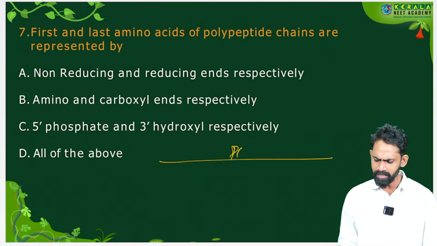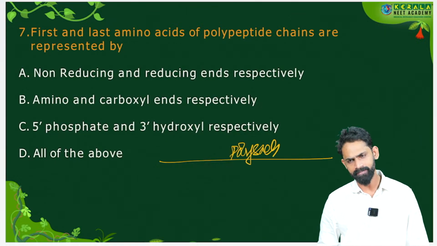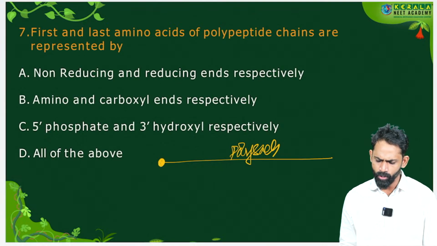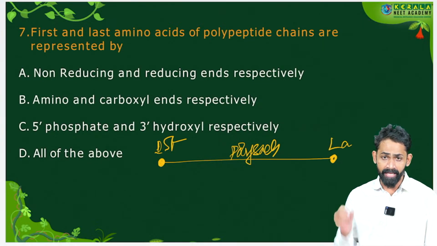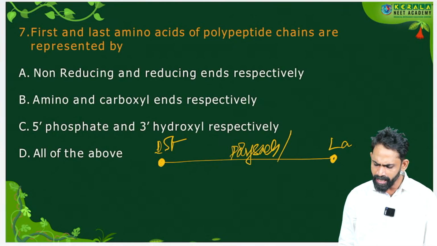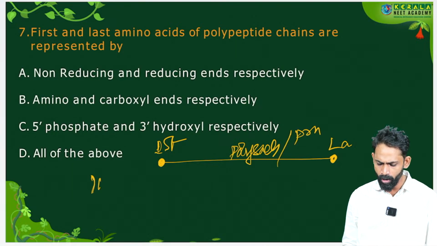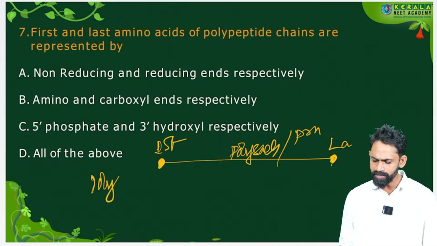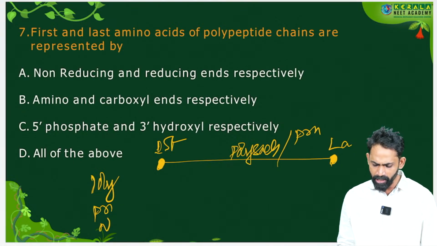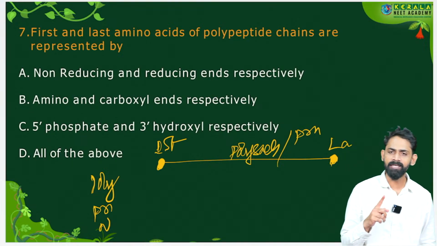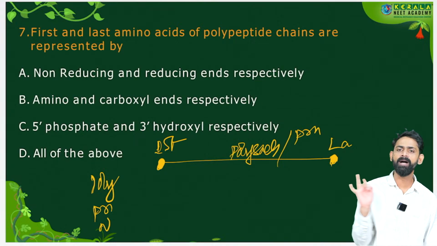If you consider this as a polysaccharide, this is the first monosaccharide, this is the last monosaccharide. If you take it as a protein, this is the first amino acid, the last amino acid. If you take the nucleic acid, this is the first nucleotide, this is the last nucleotide. Everything is the same except the frame of reference.